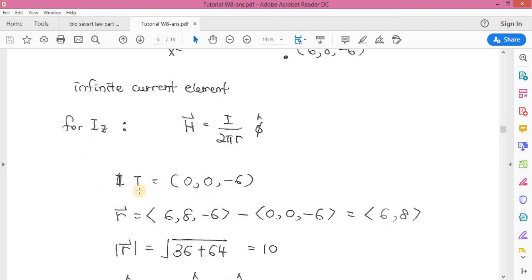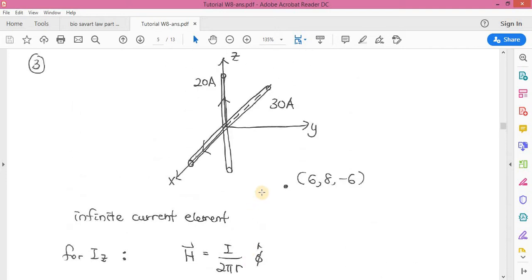First of all, we need to determine what the point T is. Point T is the point that is located along the Z-axis, along the current filament. So it has X and Y equal to 0.